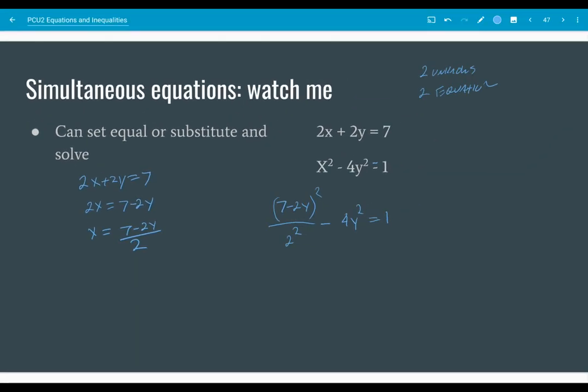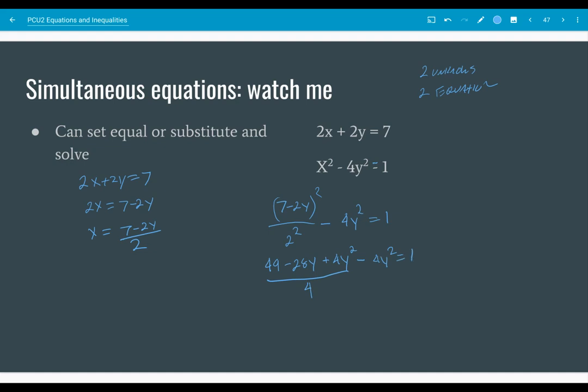So I'm going to do a bunch of stuff at once here. I'm going to end up with 49. I'm going to FOIL out the numerator. Minus 28y plus 4y squared, so that's all over 4, minus 4y squared equal to 1.